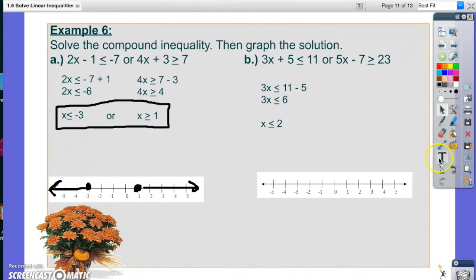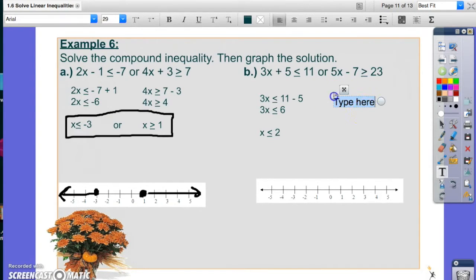All right, and we'll do the work for the other side. 5x is greater than 30.